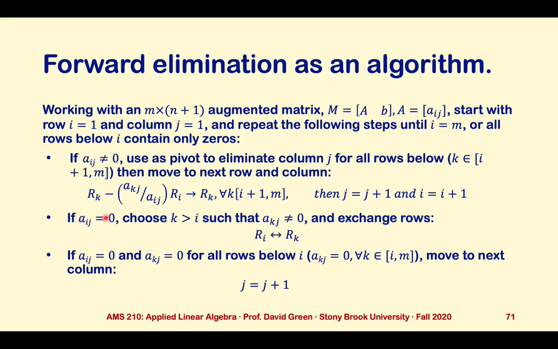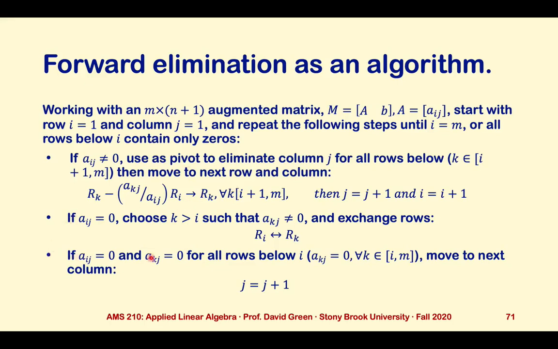If our pivot is 0, we check to see if there is a row k below that has a non-zero entry there. If it does, we exchange rows, right? And go back to this step and continue.